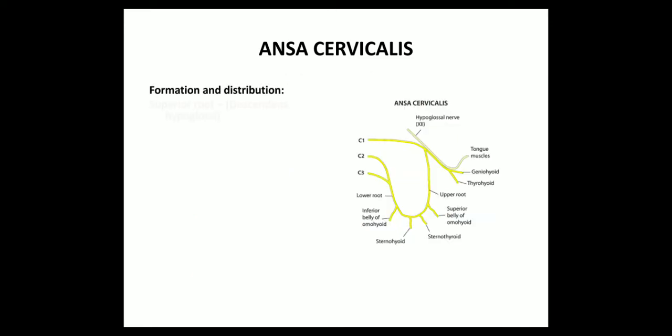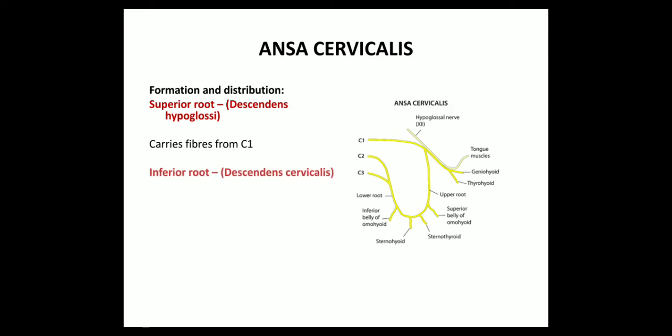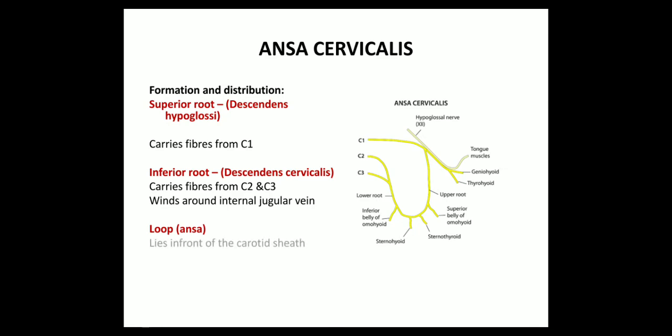It is formed by the superior root, that is the descendens hypoglossi, which carries the fibers from C1, and the inferior root or descendens cervicalis, which carries the fibers from C2 and C3. It winds around the internal jugular vein, and the loop, also known as the ansa, lies in front of the carotid sheath at the level of the C6 vertebra.